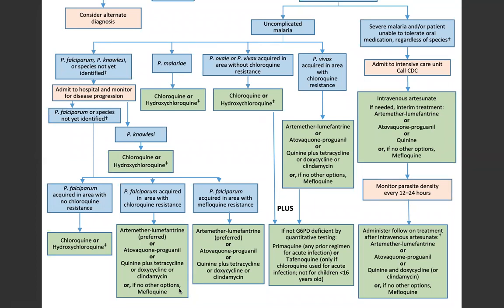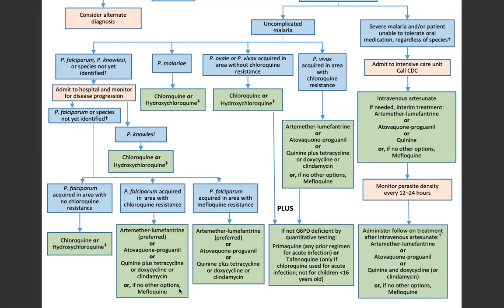And where to use chloroquine? Yes, if there is uncomplicated malaria caused by Plasmodium malariae, Plasmodium ovale, or Plasmodium vivax, and the area is without chloroquine resistance, you can give chloroquine or hydroxychloroquine.